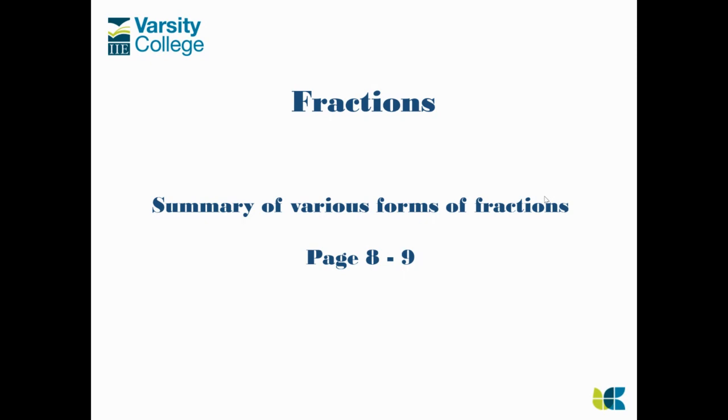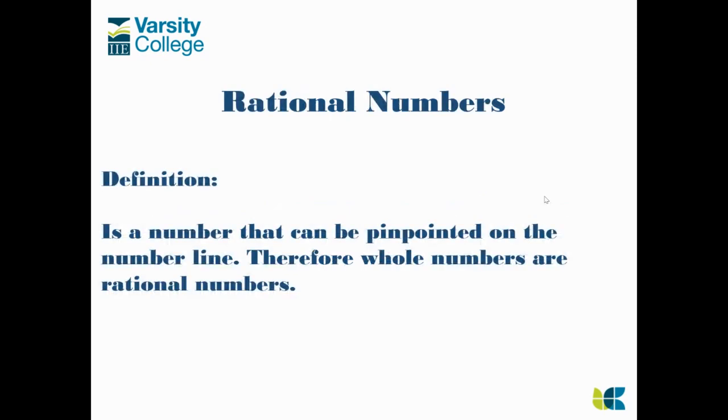And then you have simplified, basically in its lowest form. So 2 over 4 in its lowest form is 1 over 2. Right, so that's all that we're really speaking to over there.